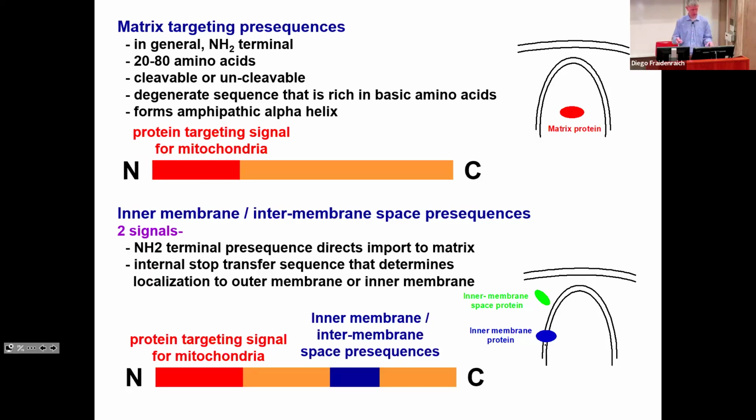And if a protein is targeted to different locations, like the intermembrane space or the inner membrane, for example, there would be additional sequences within the protein that may do this targeting to these places.